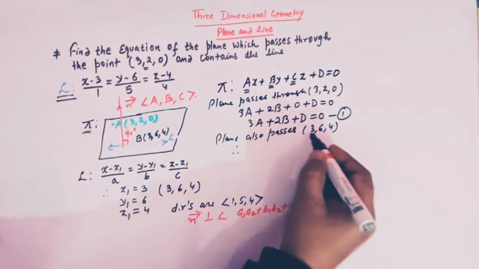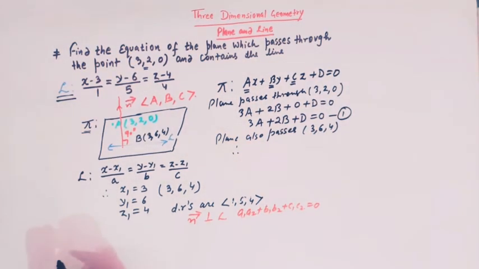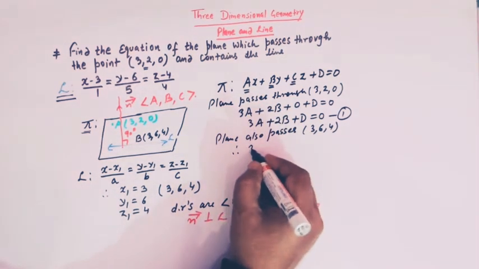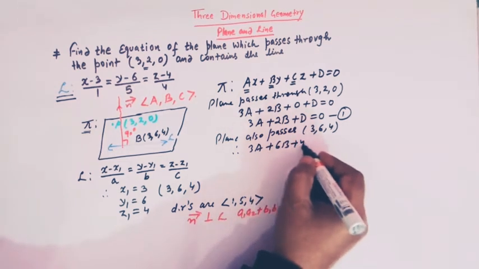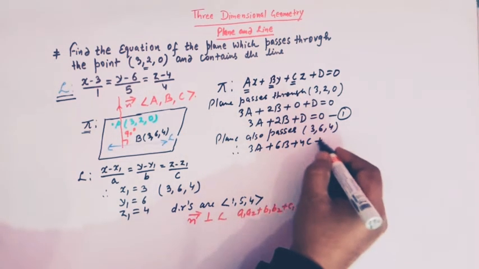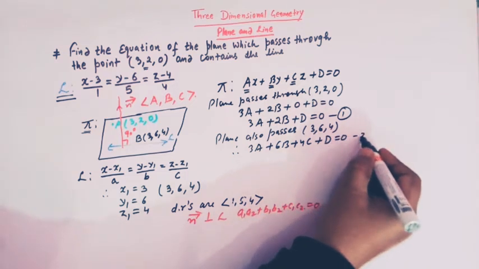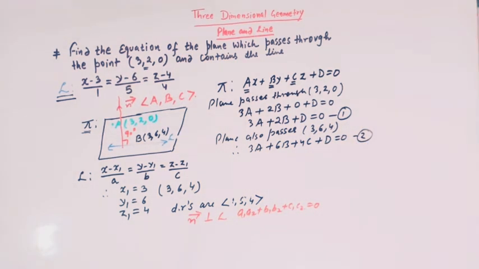So now we have x equal to 3, y is equal to 6 and z is equal to 4, right? So we have 3a plus 6b plus 4c plus d is equal to 0. Now this is equation number 2, right?